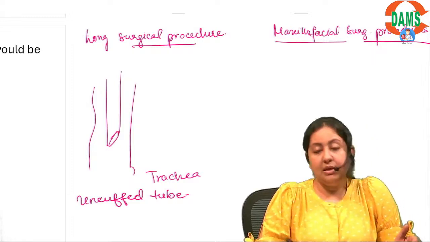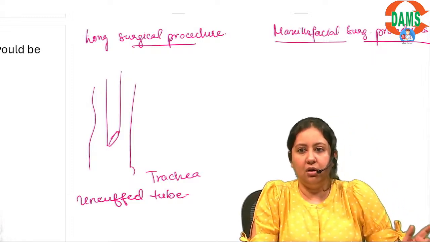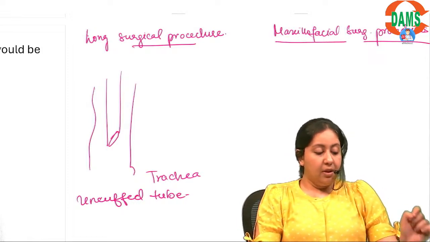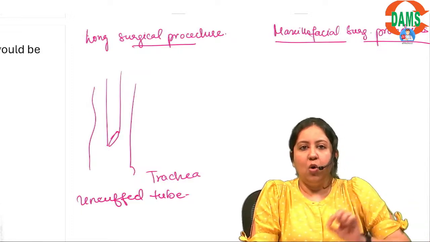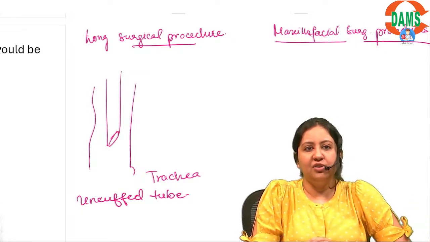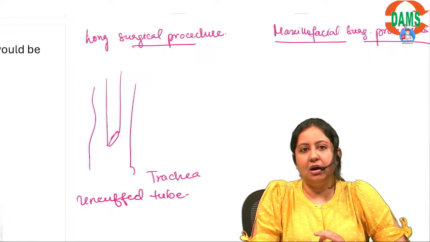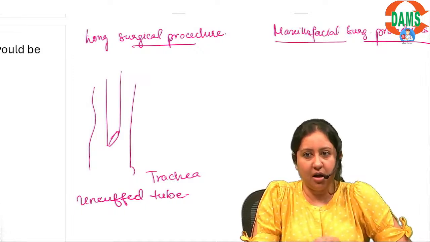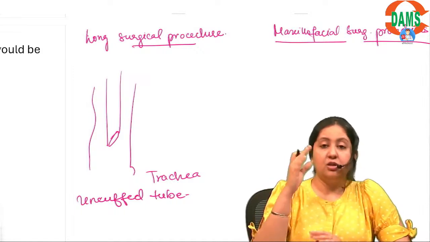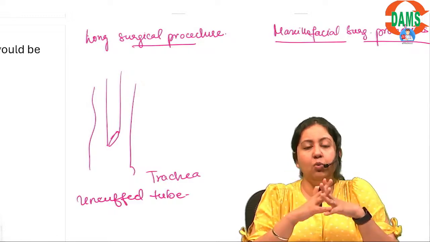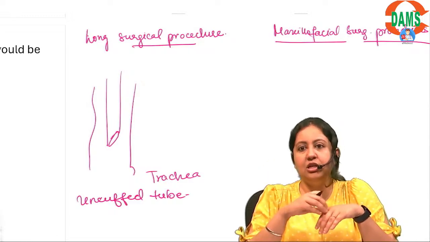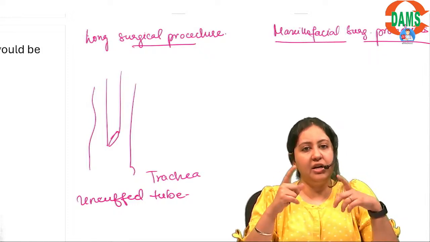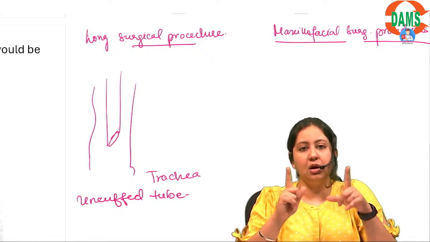So we were discussing cuffed and uncuffed endotracheal intubation. I was telling you regarding long surgical procedures and maxillofacial surgical procedures. First we were discussing our uncuffed tracheal tube. The anesthetist intubates the patient, puts the patient under anesthesia, and checks whether the ventilation in both lungs is equal.